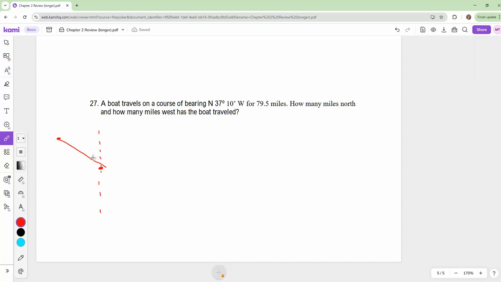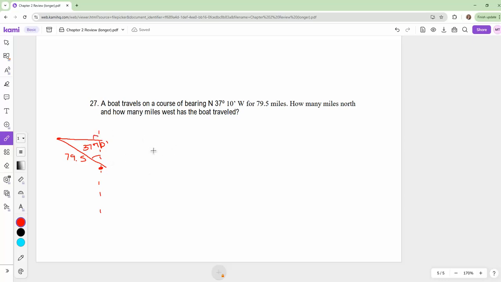And that is 37 degrees, 10 minutes. Okay, and this distance is 79.5. If I want to know how many miles north and west we've traveled, what we could do is just turn this into a right triangle. That would be a right angle.